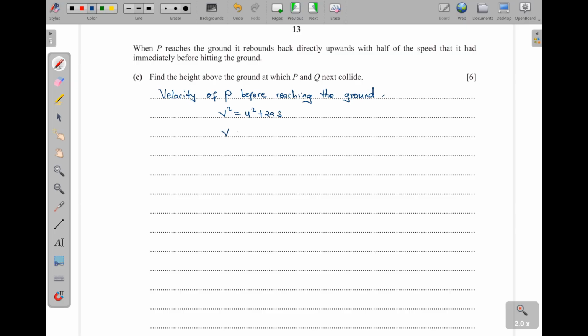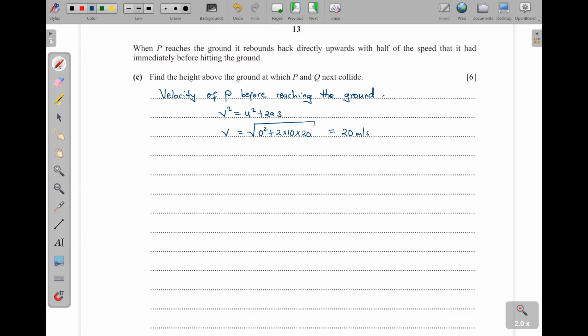Now V is going to be equal to the square root. The initial speed of P here is 0 because it was brought to instantaneous rest. So 0 squared, then plus 2 times the acceleration, which is 10 because P is moving downwards, then times the distance, which is 20 because they collided at 20 meters above the ground. This is 400, so root of 400 is 20 meters per second.